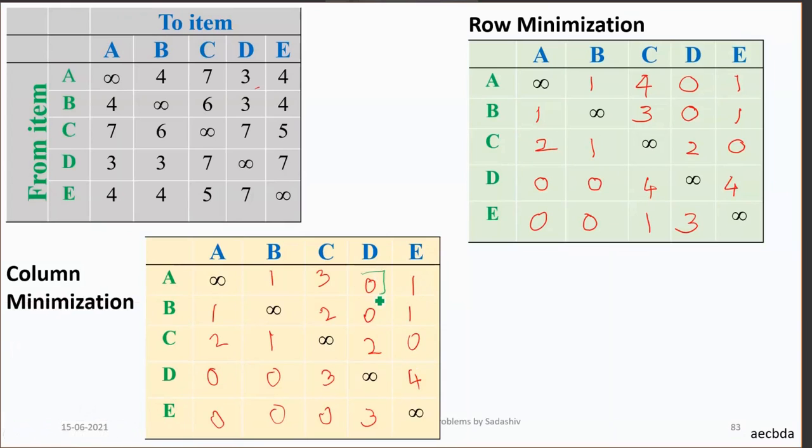If you assign A to E, then from E he has to go to either B, C or D. He should not go to A here. In the last column, B, C and D all three have zeros. So E to B we can also assign.